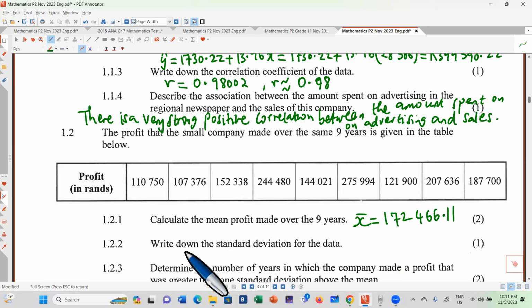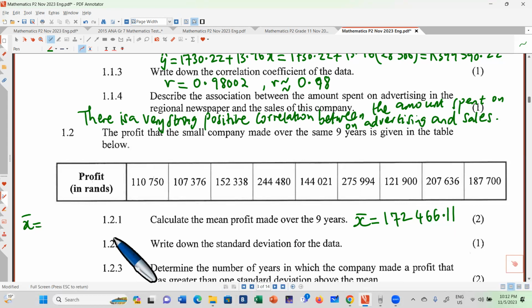Then the next thing is from the same data, they want us to write down the standard deviation. So it's just 1 mark. You don't need to calculate anything, but need to understand that the mean can also be done using summation. So you can say this plus that, plus that, plus that, all of them.